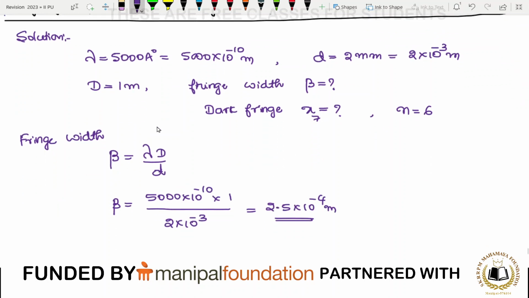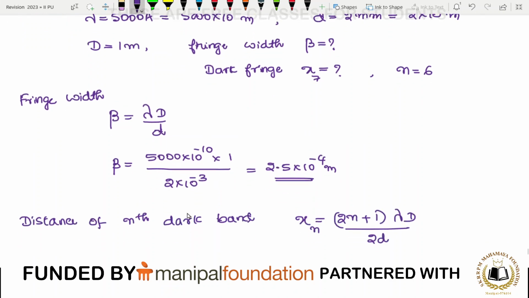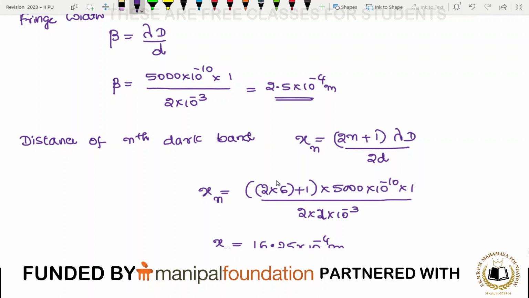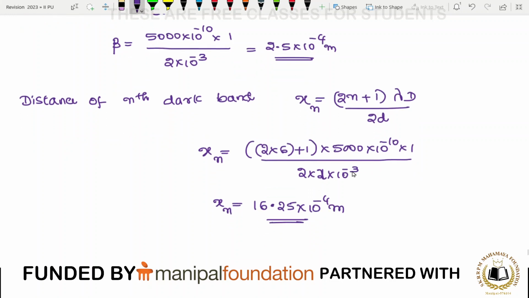So fringe width beta equals lambda D by small d. Lambda is 5000 angstrom, capital D is 1, and small d is 2 millimeter. And the distance of the nth dark fringe is (2n plus 1) lambda D by 2d. Just substitute, and the answer becomes 16.25 into 10 to the power minus 4 meter.